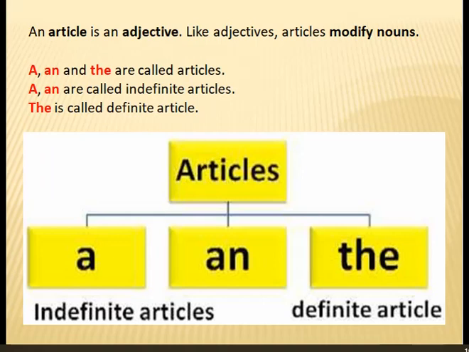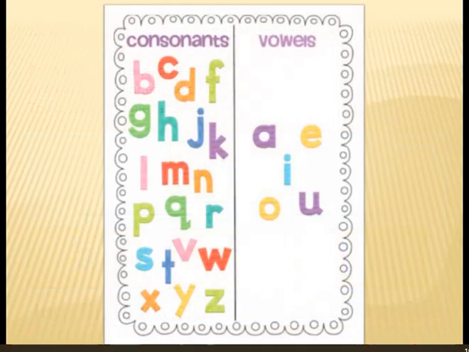First, to understand about indefinite article a and an, we need to learn about vowels and consonants. Children, in English language, we have 26 letters. And we break them into 2 categories, vowels and consonants. Like A, E, I, O and U are 5 vowels in English language.